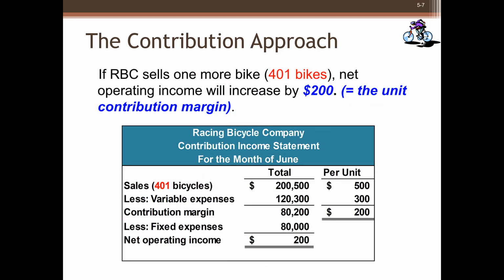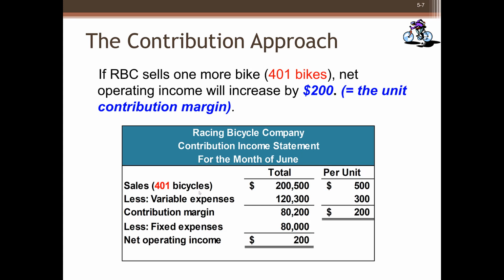If RBC sells one more bicycle, now units sold are 401. Net operating income will increase by $200. We can see the calculation based on the contribution income statement.